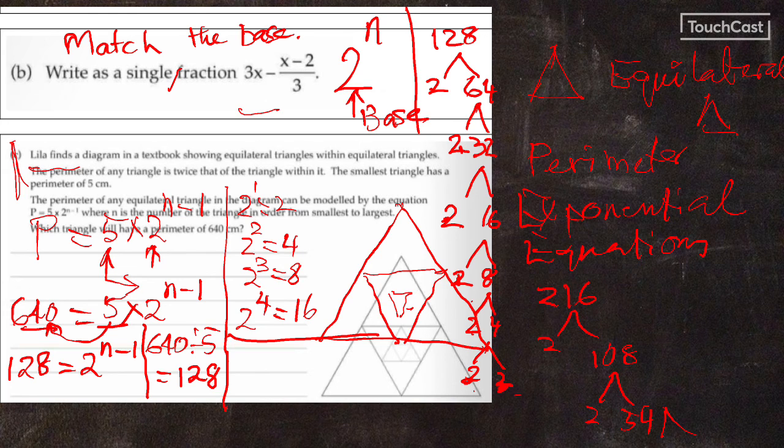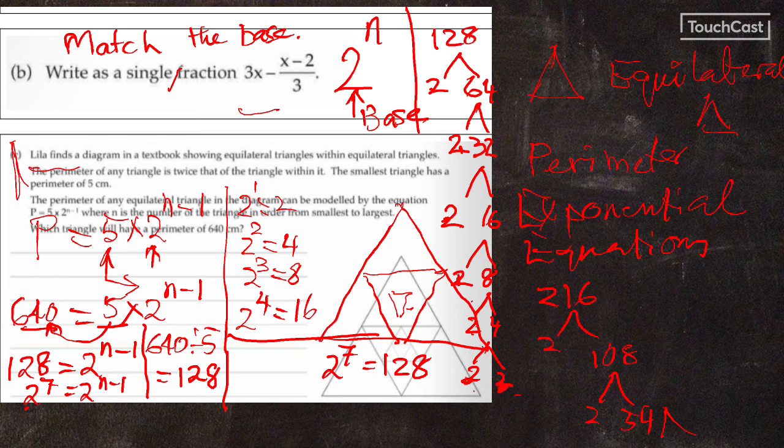So now we know 2 to the power 7 gives you 128. Now 2 to the power 7 equals 2 to the power n minus 1.